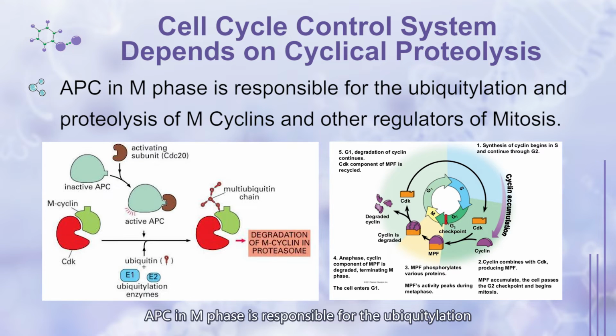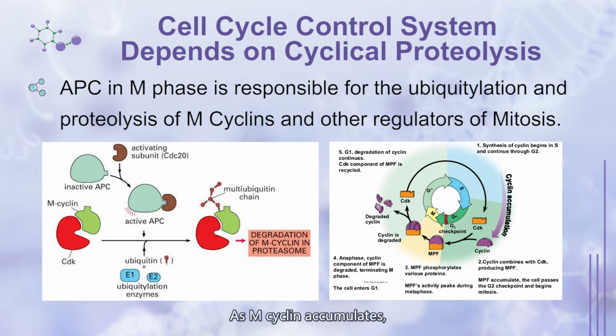APC in M-phase is responsible for the ubiquitination and proteolysis of M cyclins and other regulators of mitosis, which is triggered by MPF. In MPF, M cyclin stays at low levels for much of the cell cycle, but builds up as the cell approaches the G2/M transition.